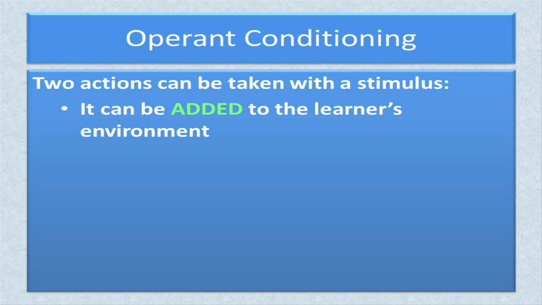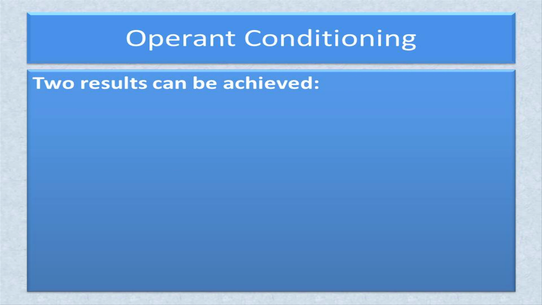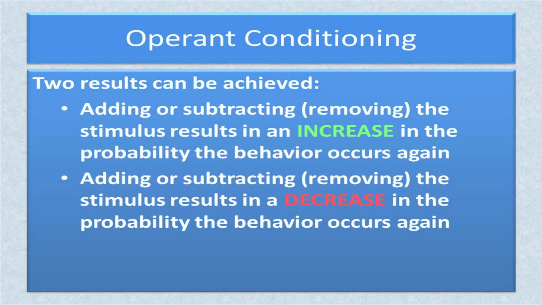It can be added to the learner's environment, or it can be subtracted or taken away. Finally, there are two results that can be achieved by adding or subtracting a positive or negative stimulus. It can result in an increase in the probability that the emitted behavior will occur again, or it can result in a decrease in that probability.